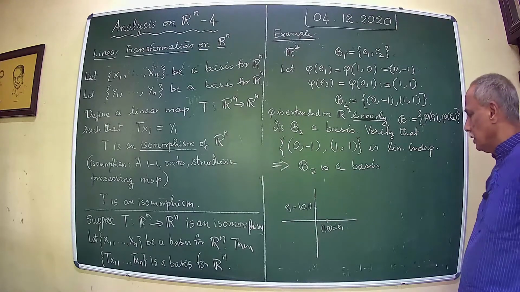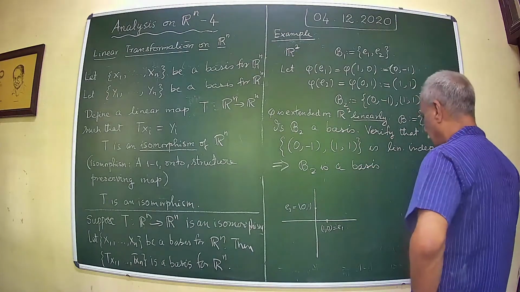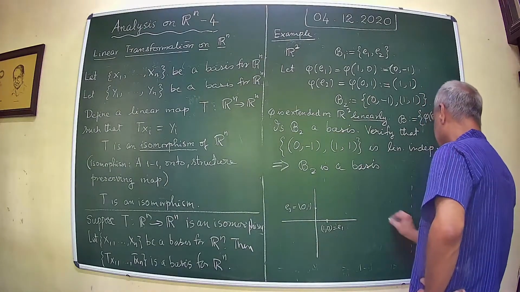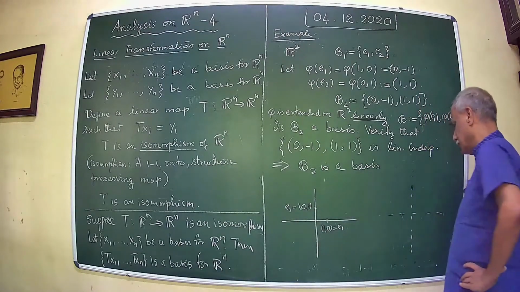Now we get another copy of R2. So this is our basic space, the basic vector space that we have.